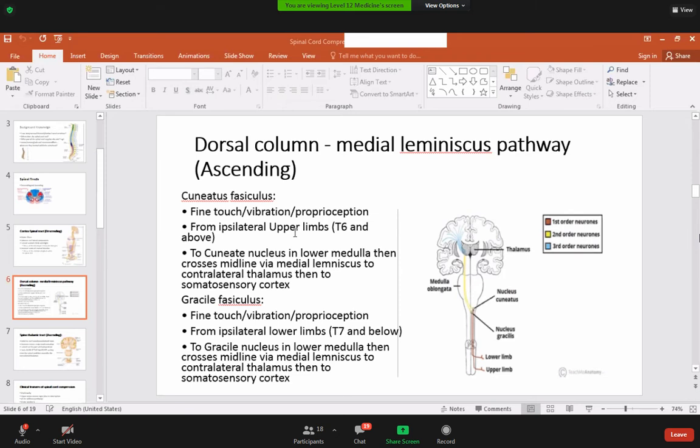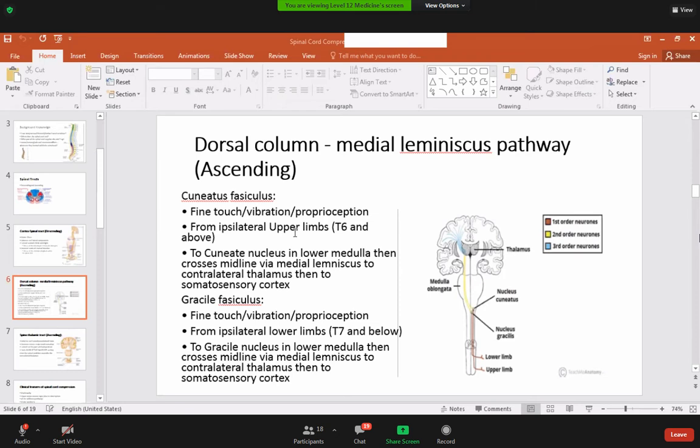And proprioception, the position sensation, these are traveling in the dorsal column. And now, as they are traveling, they go straight towards their side, and then they cross the midline at the level of the medulla, above the level of the spinal cord.